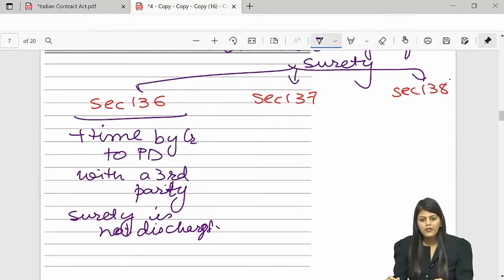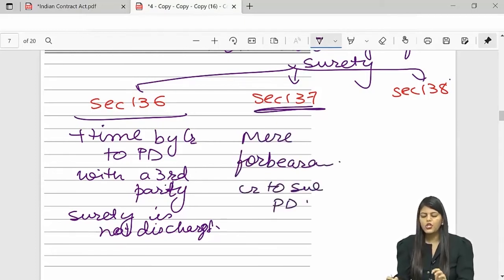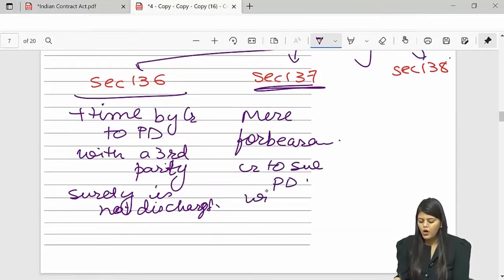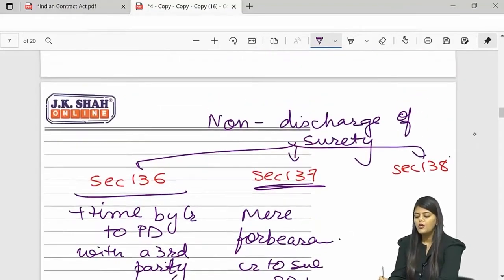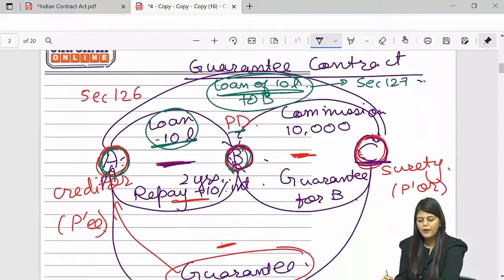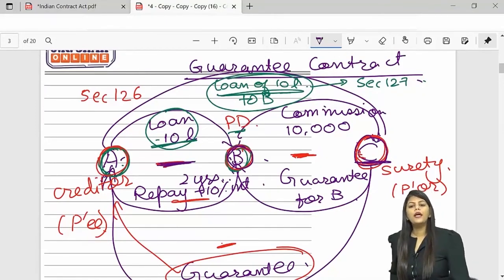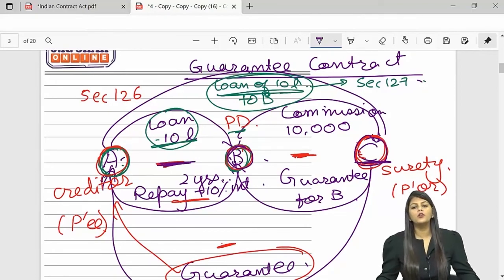Section 137, yes, says mere forbearance on the part of creditor to sue principal debtor will not discharge the surety. Now, I know this fact that if this fellow B does not repay the loan, A will recover money from C. But C has a right to tell A that you come to me as a last resort where nothing else works out.